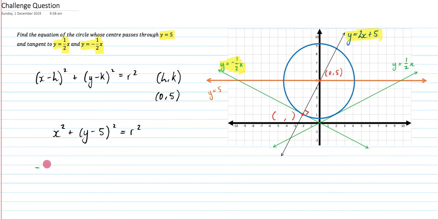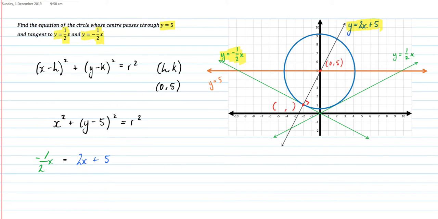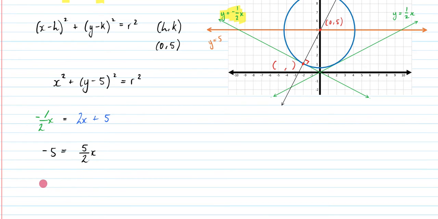So I have negative a half x and 2x plus 5, and I'm trying to figure out where these two equations intersect. I do some nice rearranging. I'm going to get negative 5 on this side and 5 over 2 x on this side. So I will get negative 10 equals 5x. Therefore, negative 2 equals x.